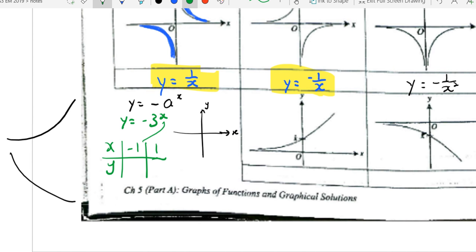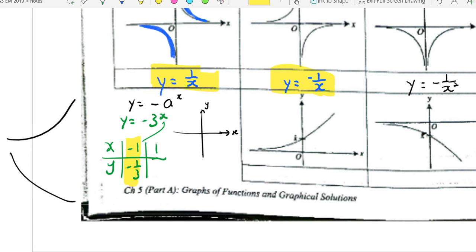Negative 1 over 3. Can you tell me which quadrant is it? Negative 1, negative 1/3. Do you see it is the third quadrant? Third quadrant. Okay.